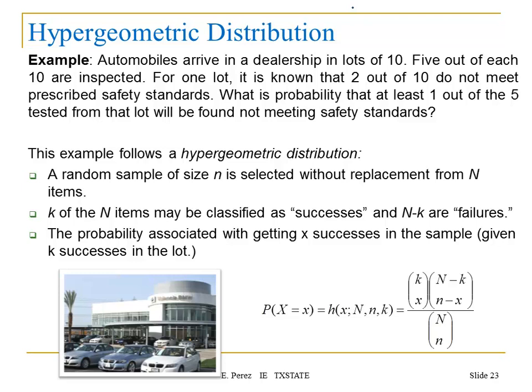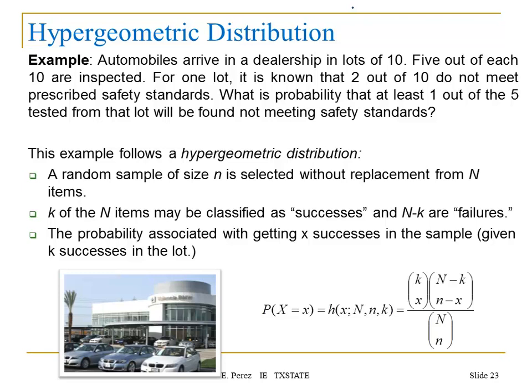In this problem, we have cars that arrive in dealerships in lots of 10. So our lots are of size 10, and 5 out of each 10 are inspected.